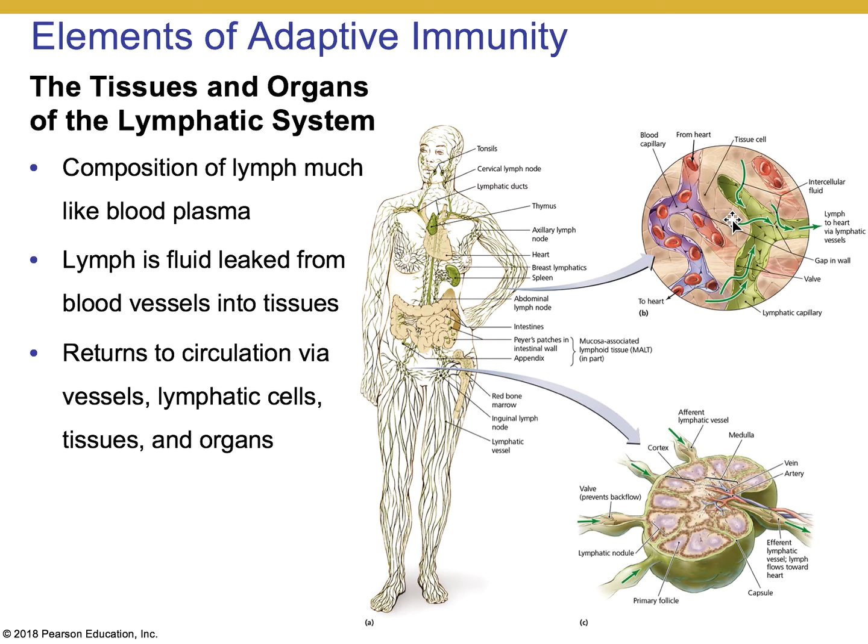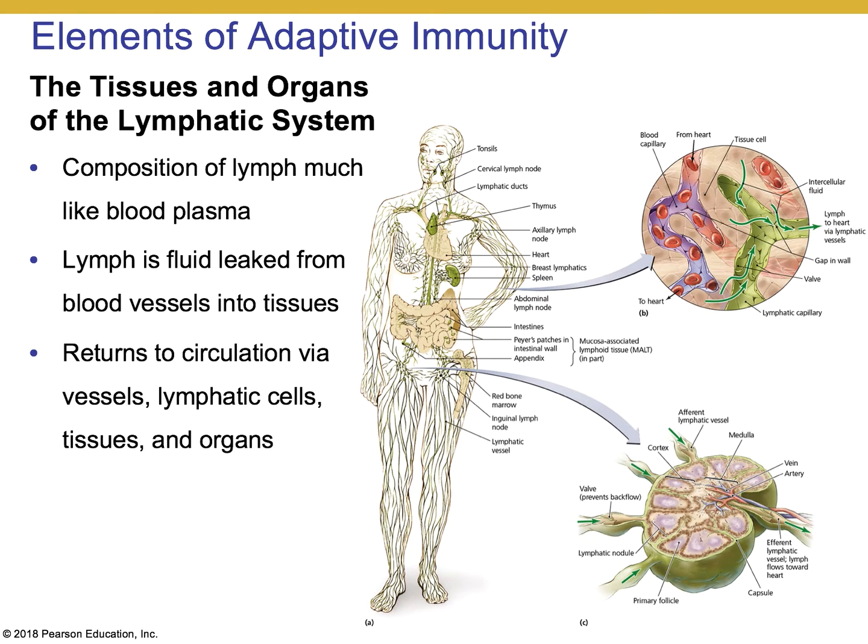The fluids then pick up wastes and parts of microbes if present, sort of flushing the spaces between the cells, and then empty into the lymph vessels. And then contraction of the skeletal muscles moves the lymph in a one-way direction to the heart via the lymphatic vessels.